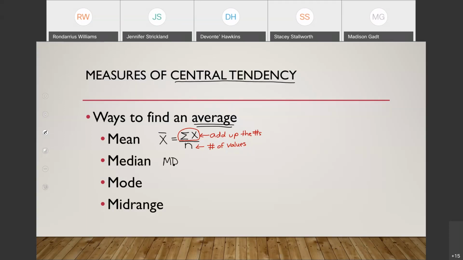It's the middle number when your list of numbers is in order. So you have to put your numbers in order first, and then you're going to pick out the middle number. And that will be your median.